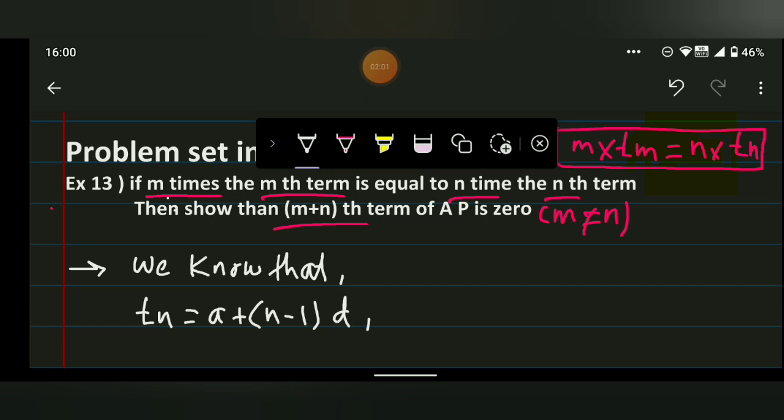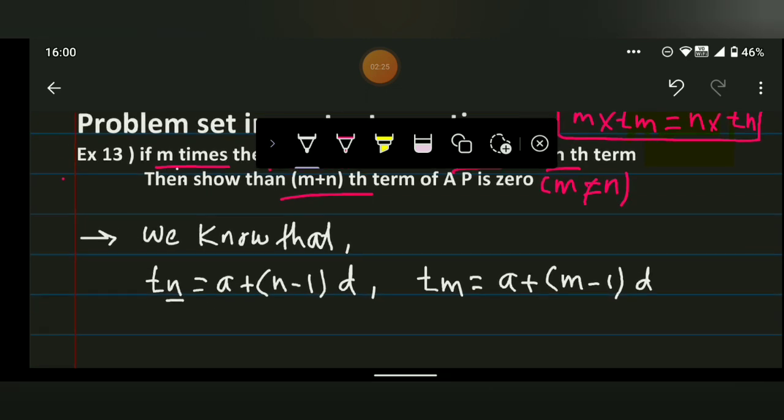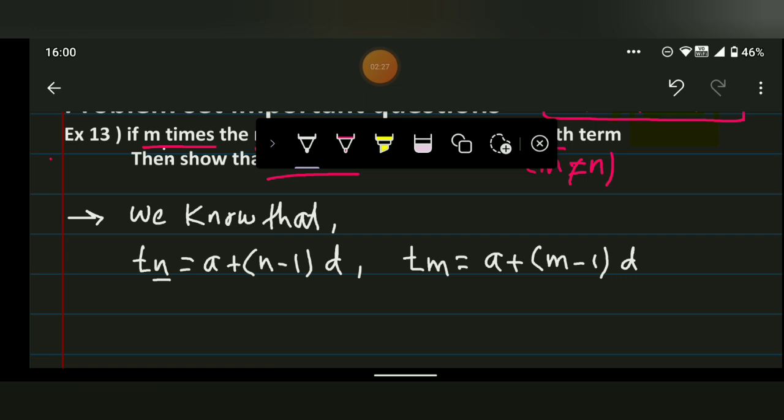Similarly, if I replace n by m, we get the formula for tm, the mth term, which is a plus m minus 1 into d. So these are the two formulas that we are looking for. And now we will go for the given condition.